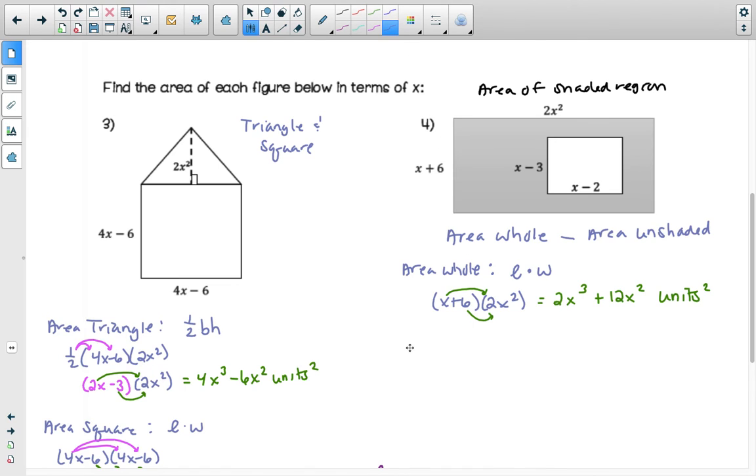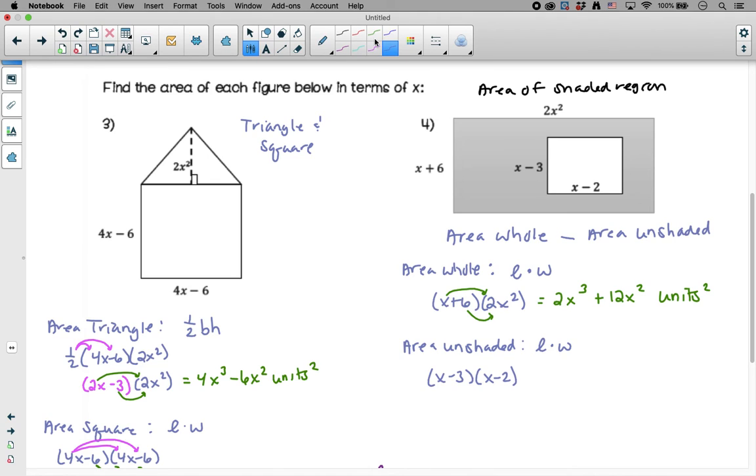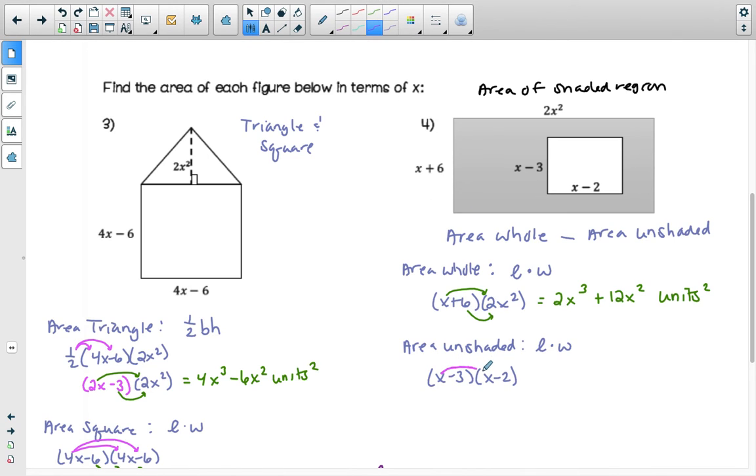Then we want to take the area of the unshaded, which is also a rectangle. So this is also length times width. But in this case, we have the length as x minus 3 and the width as x minus 2. So when we distribute this, we have x times x and x times negative 2, which gives us an x squared and a negative 2x.